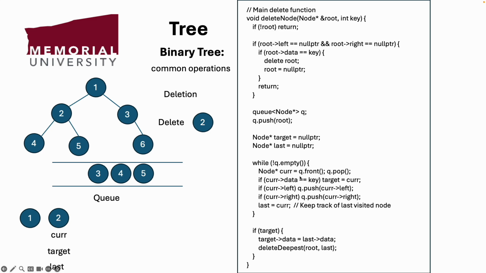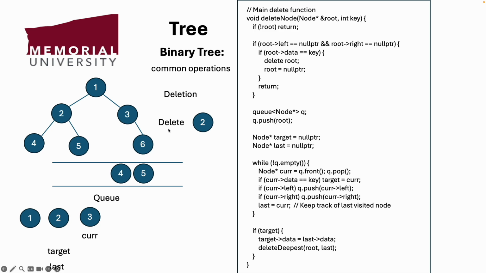And then we go in here. We can see the 3 being popped, and the current will be pointing to node 3. Then we check whether current data matches the key value or not. This does not match. So now we go into this one. Does node 3 have a left child? No, it doesn't, so there's nothing to push.